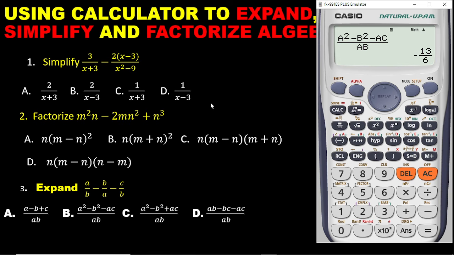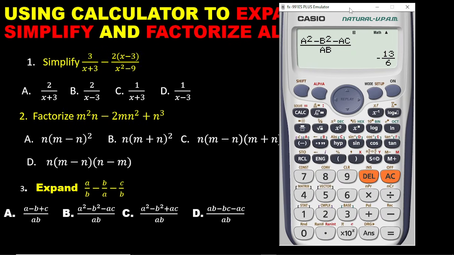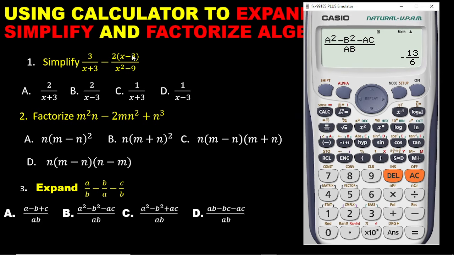And this is how you use the calculator to solve questions involving algebra, where you are to expand, simplify, and factorize. All of them will use this simple instruction. So to recap, just enter the expression on the calculator, and then you start from 2. If you have just x, then wherever you see x, put 2 there.